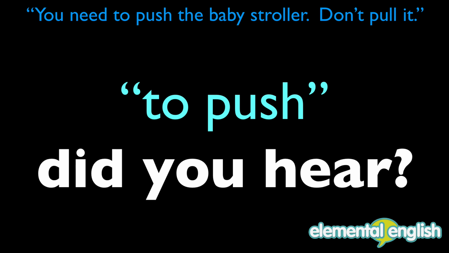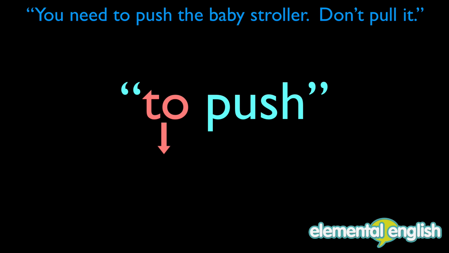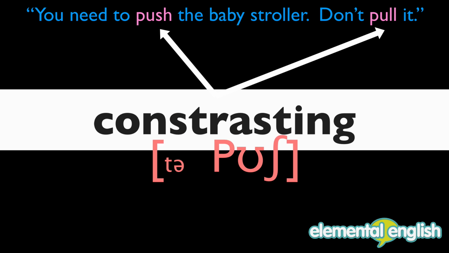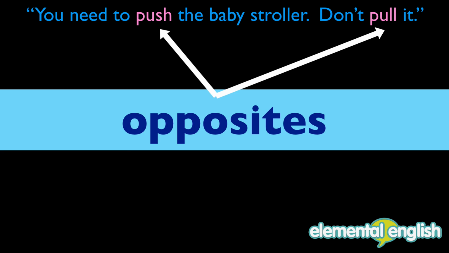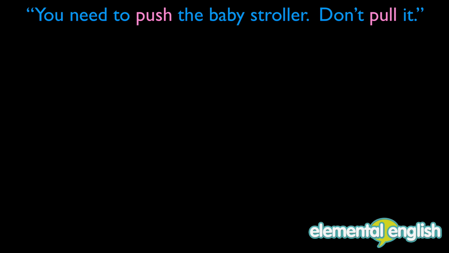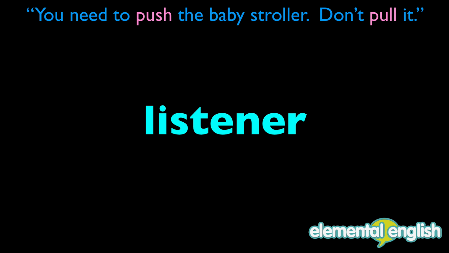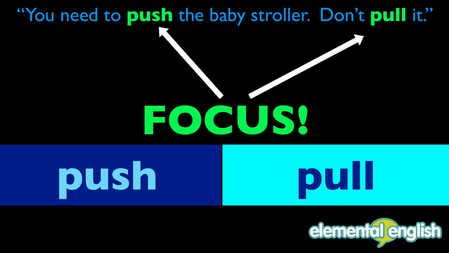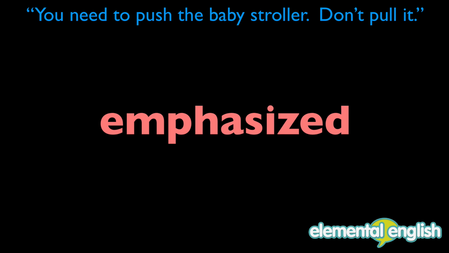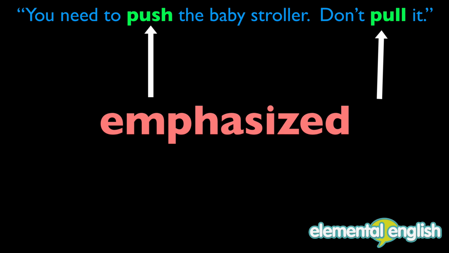Did you hear how that to became a very quick ta? To push. Since we are contrasting opposite verbs, push and pull, in these two sentences, we want the listener to specifically focus on those two opposite meanings. Therefore, I emphasize those two verbs with my voice.